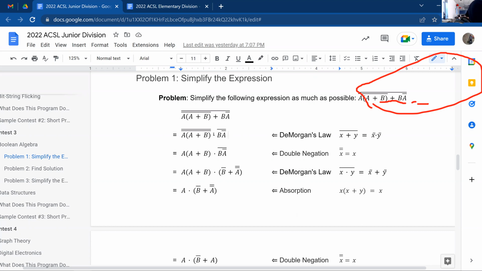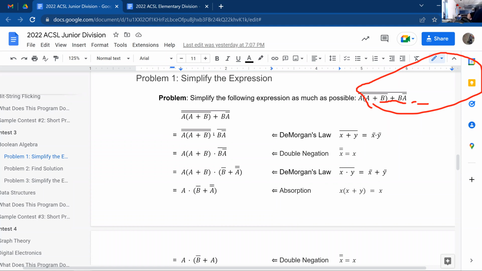So we use the De Morgan law, this one again, to break this part, the B and not A part, right? So that becomes not B or not A. And now the double negation will change this not A into A, right?